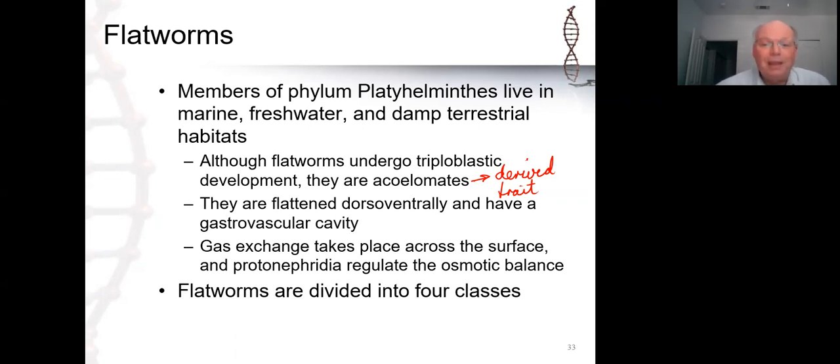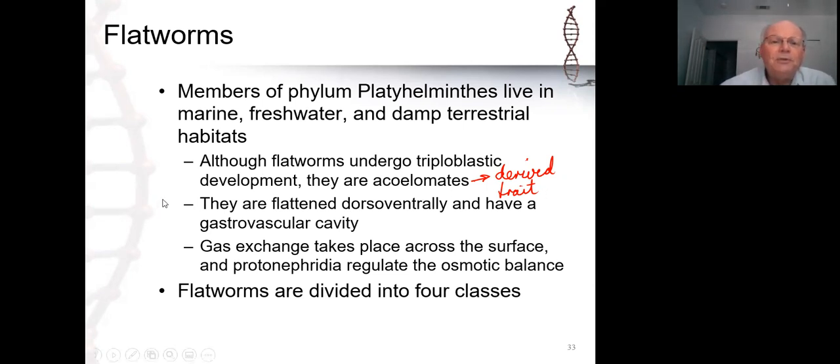Proto means ancestral to, and so these are primitive excretory cells, but their job is to regulate the movement of water into and out of the organism by moving solutes in and out of the organism. So they are all about osmoregulation, not about waste disposal.